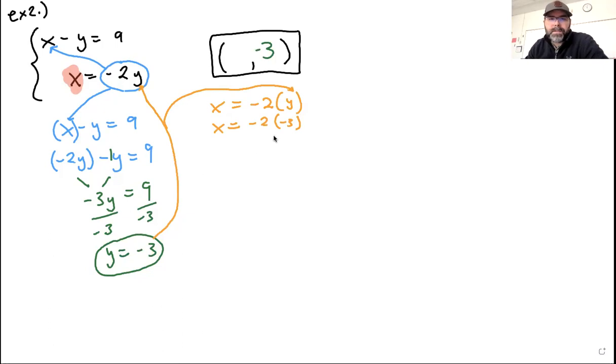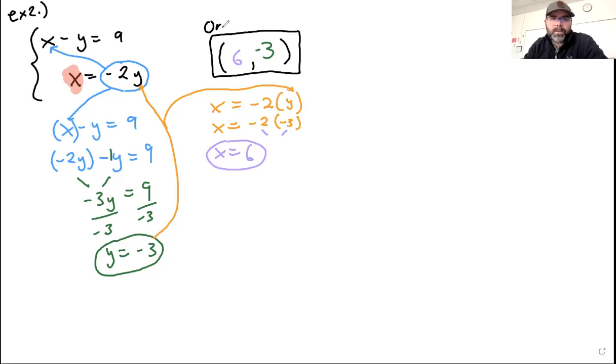And step 5 is to solve this new equation. So x equals -2 times -3, which is 6. And we're done. How many solutions is this? 1.